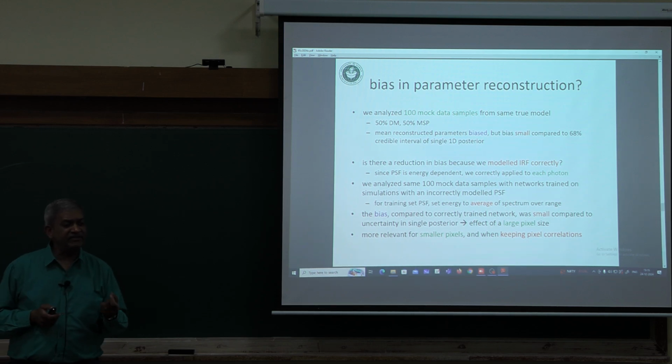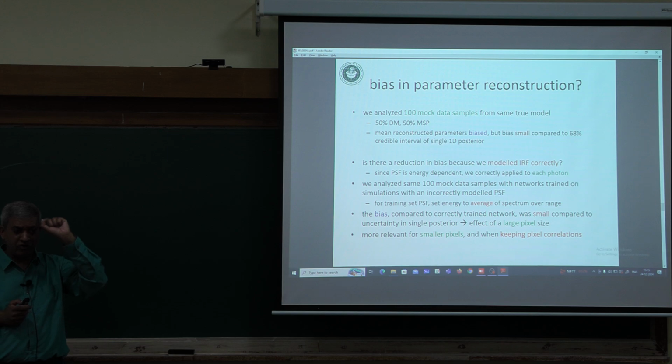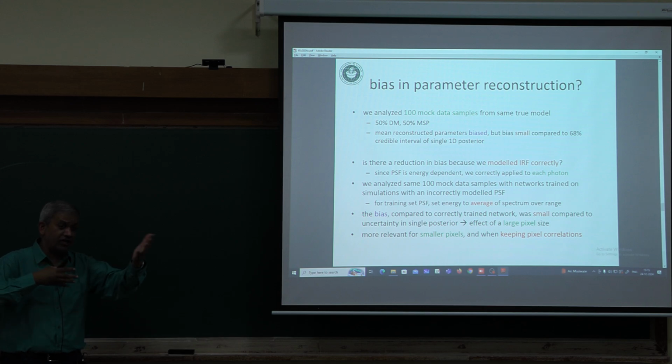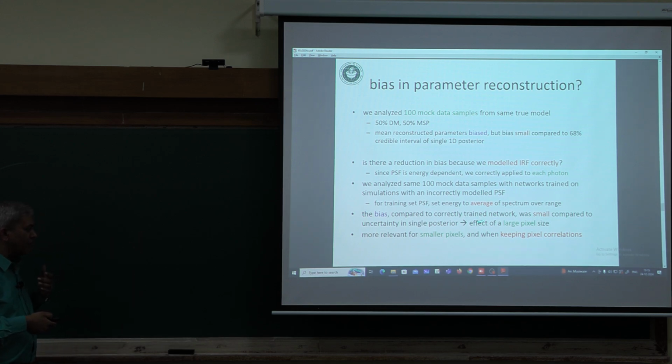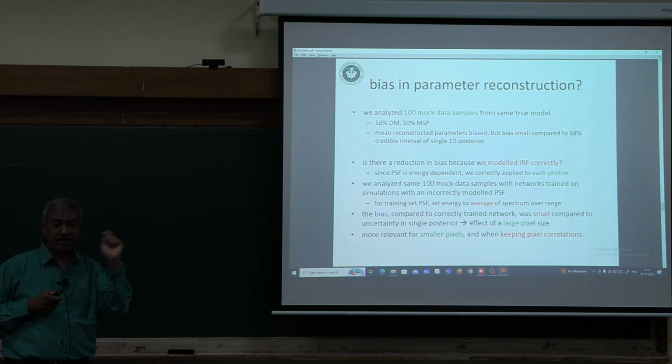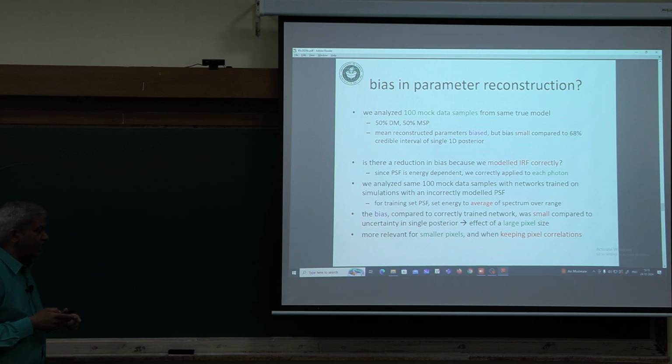What that means is that unless your pulsar is near the edge of the pixel, it doesn't really matter how you implemented the point spread function, because however you smear the photon, it's still going to end up in the same pixel. Where this could be more relevant is when you have more, smaller pixels, and also when you keep pixel correlations and use a summary statistic where you keep those correlations, and you can see the smearing of a photon from one pixel into a neighboring pixel.